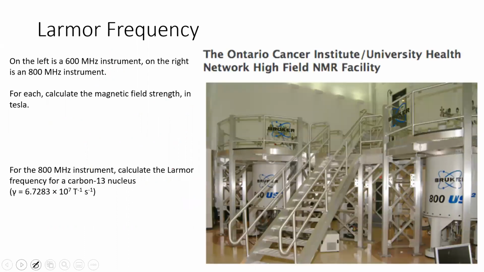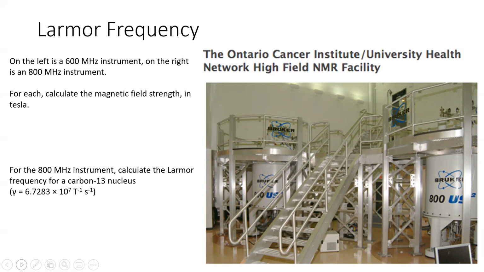So this is some practice. Go ahead. These are two big NMR, 600 and 800 megahertz. The bigger magnetic fields are usually used for carbon NMR.